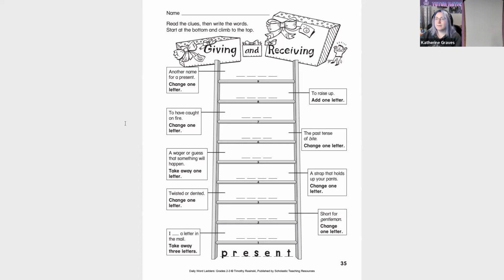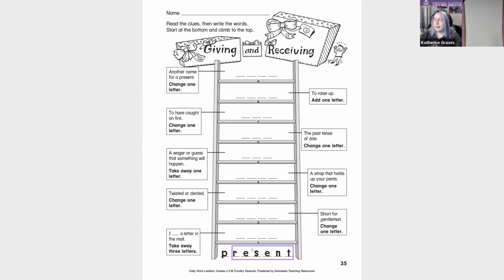Let's think about some of the words. Present. And let's try to find some other words inside of this word present to see where we can drop our letters off. Well, we have the word resent, hold on to a grudge or have bad feelings about someone that you don't let go of.